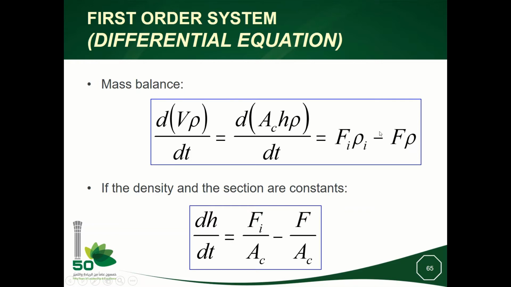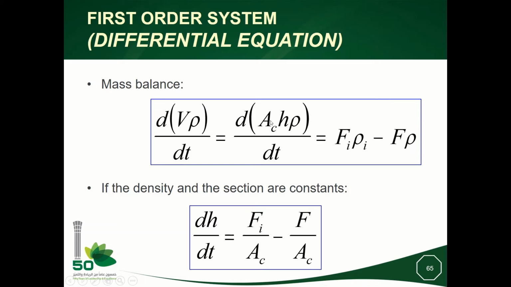And here F and Fi are volumetric flows. If we multiply them by the density rho, it becomes a mass flow. So the volume of this tank is the surface Ac, which is supposed to be constant, times the height of the liquid.